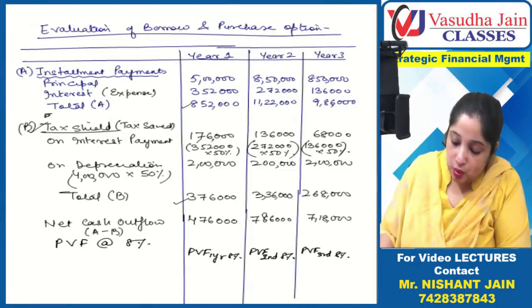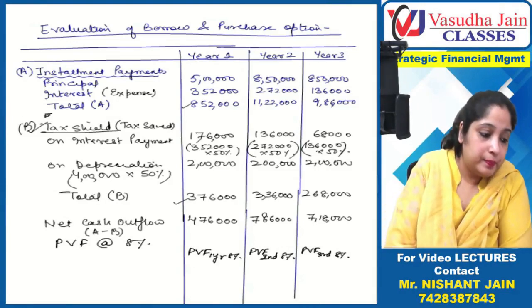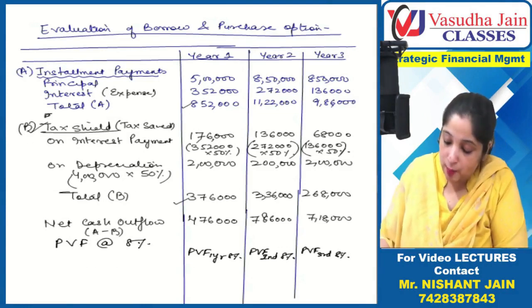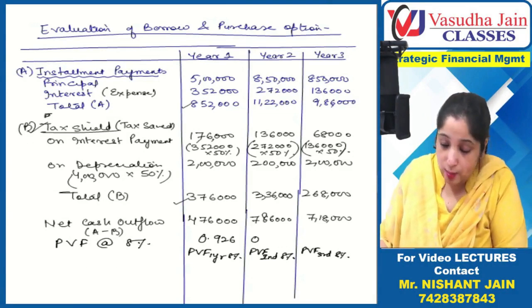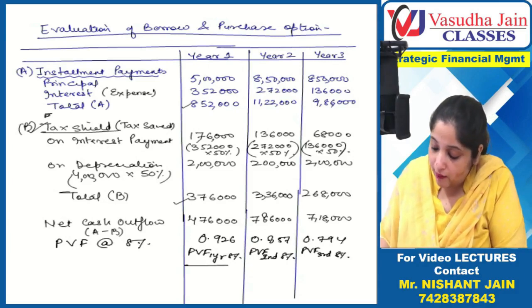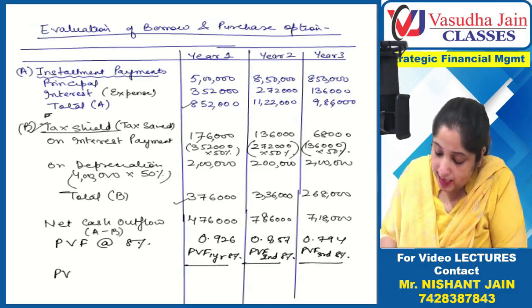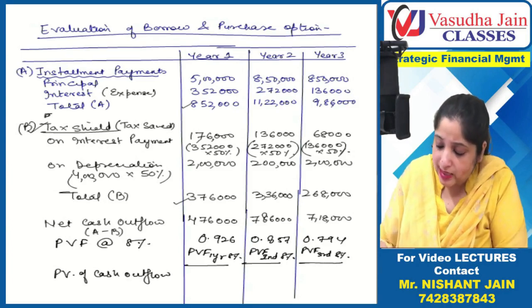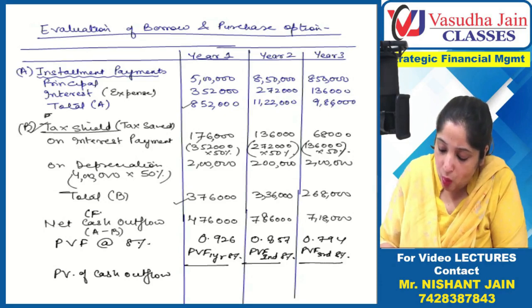So these figures are 0.926, 0.857 and 0.794. So I will be able to find out the present value of cash outflows, which are 4,76,000. This is the future value of cash outflows.